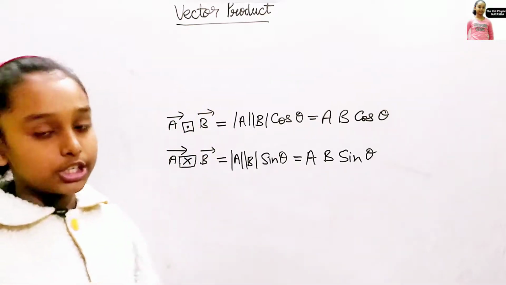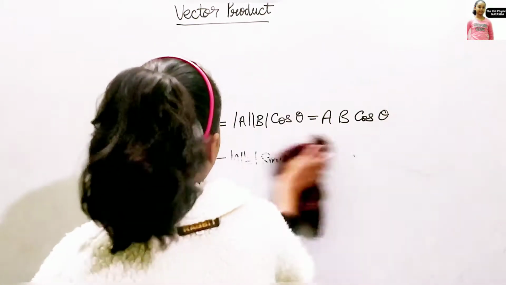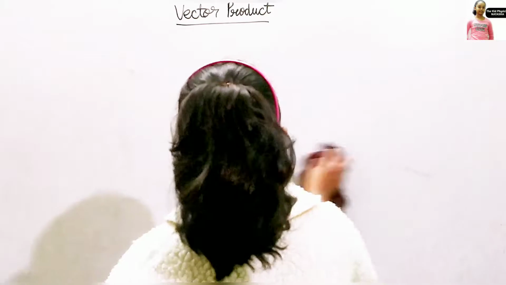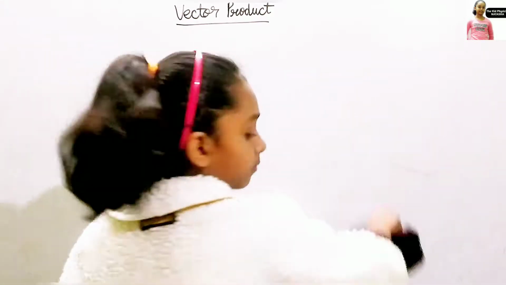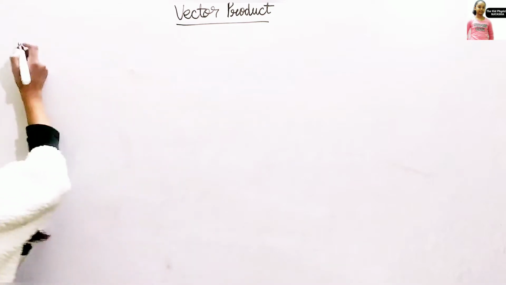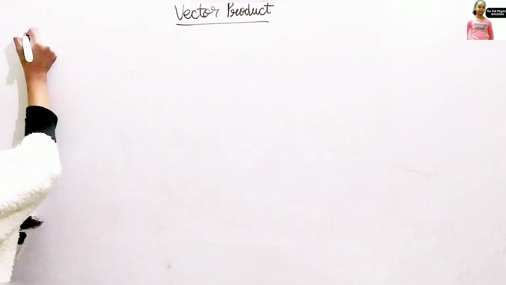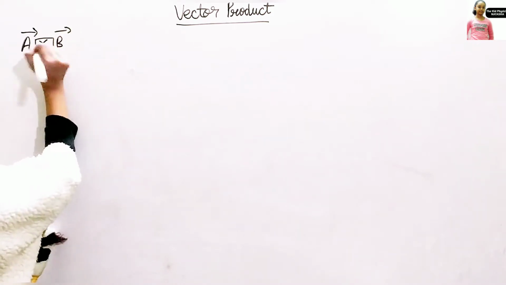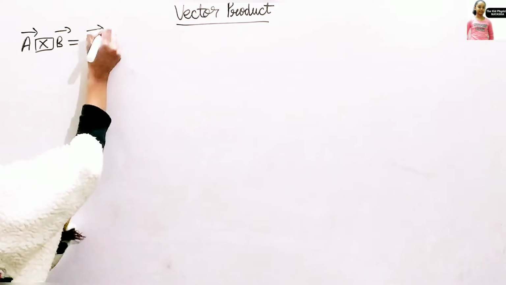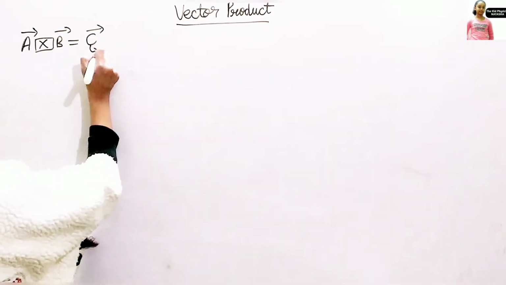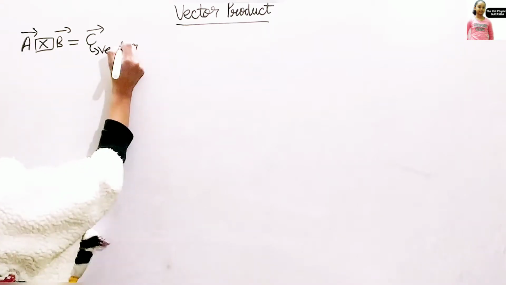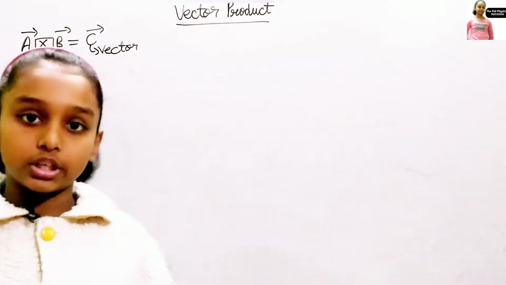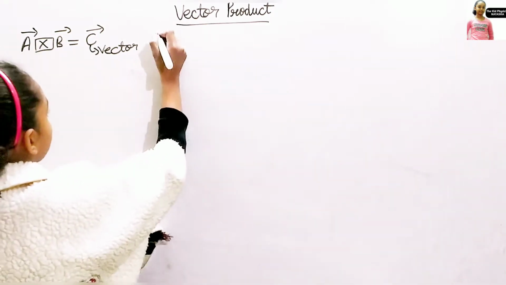So let me continue and explain vector product in more detail. When we do cross of any two vectors, and we get a vector, that vector quantity is known as cross product, or we can say vector product.